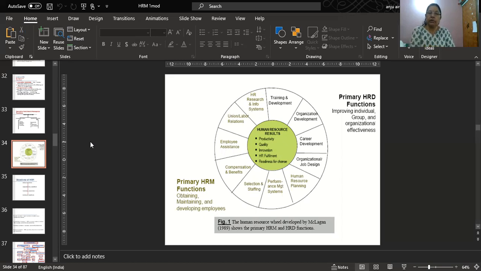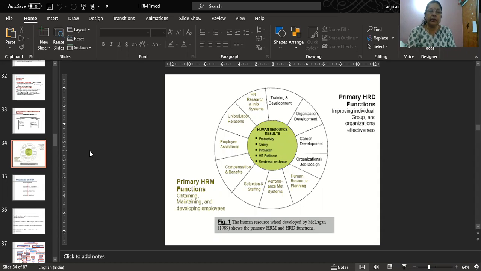Primary HRM functions is planning for the human resource, recruiting and selecting them, training them, developing them, performance management, providing them all kind of assistance like benefits, provident fund, ESI, providing the compensation and all the benefits to employees, having good human relations. All this is the human resource management primary functions.